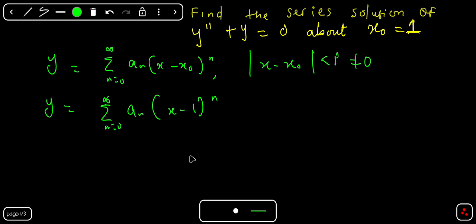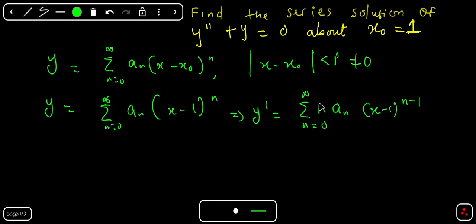Now let's find y'. It means you differentiate this with respect to x just once. So y' will be equal to the sum of n from 0 to infinity of, if you differentiate this, n multiplied by a_n, then multiplied by (x - 1)^(n-1). Now, if you substitute n to be 0 right here, everything here will just give us 0, and we don't need that.